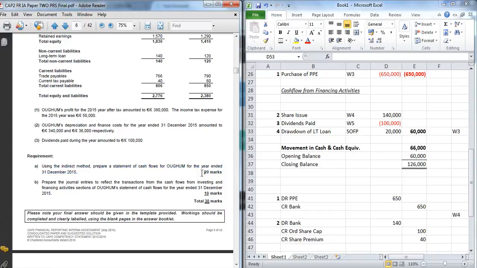So make sure you go back and practice statement of cash flows on their own first, but then look at them in the context of a question 1, where you also have to do a profit and loss in a statement of financial position, and also look at the May 2015 question 3, which gave you a statement of cash flows already prepared and you to do all the journal entries. So very similar enough to part B there, but again it was the first time they had come up in the FR exam. So that was May 2016 question 2, IA 7, statement of cash flows.